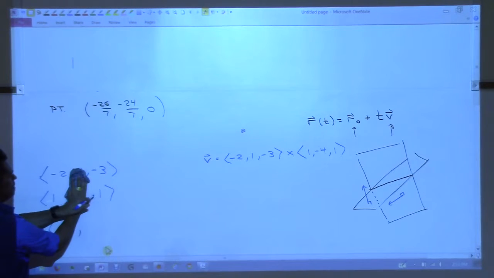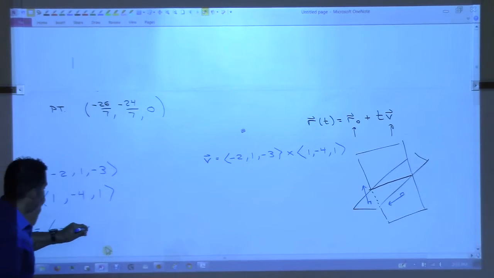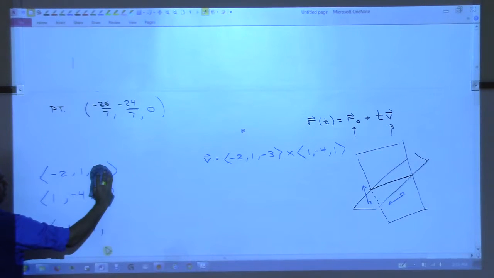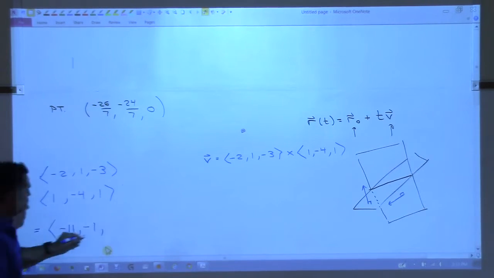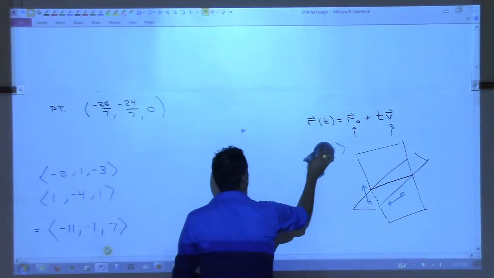Negative 2, take away negative 3, so that's negative 2 plus 3, that's 1. But then it's the middle one, so it becomes the opposite, so negative 1. And then we do the last one, which is 8, take away 1, so 7. So that's our v.